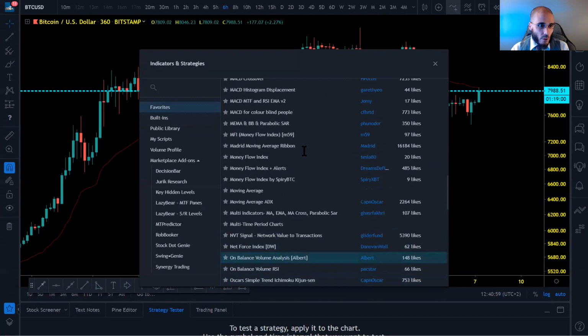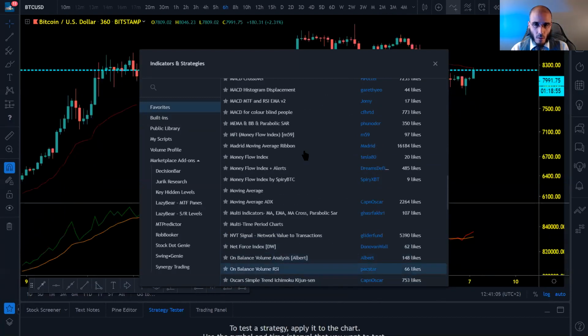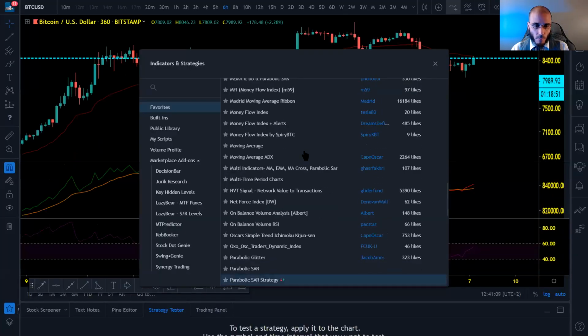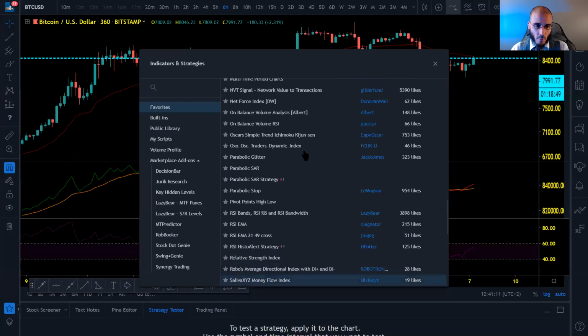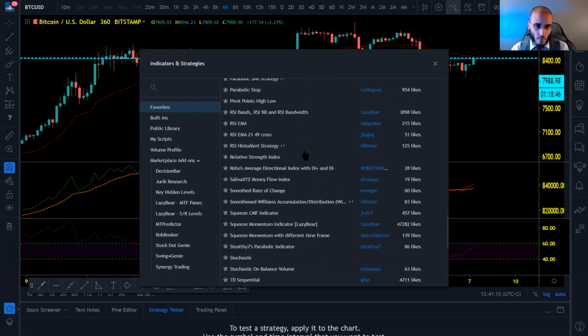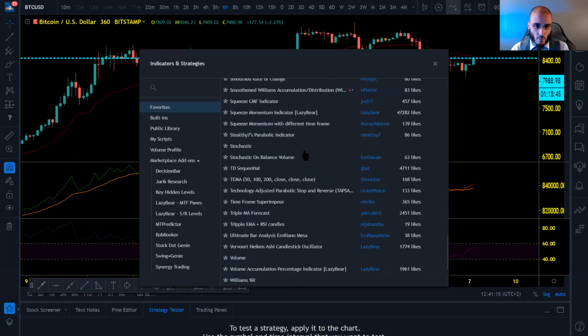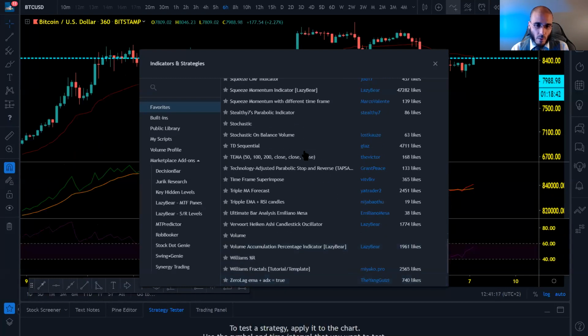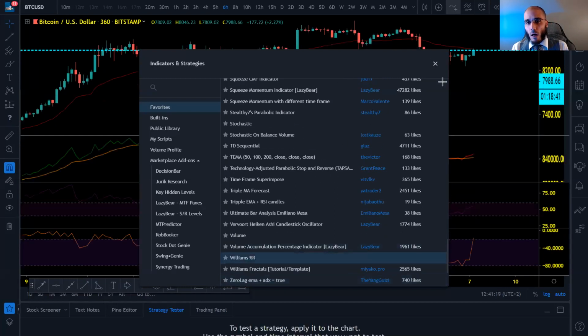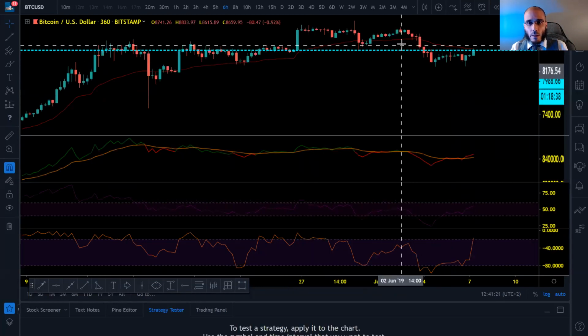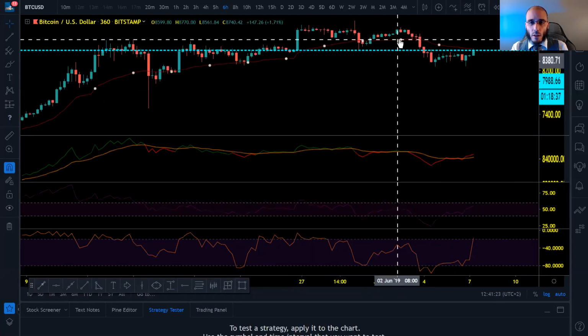Third indicator is on balance volume RSI. Okay, and the fourth indicator is Williams percentage R. Well, there we go. Now I have all my indicators again. Now let's change the color so I can see something.